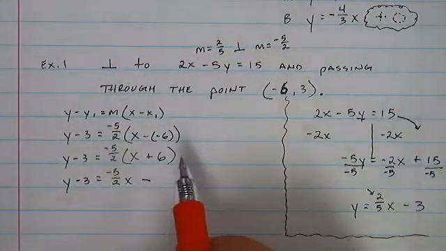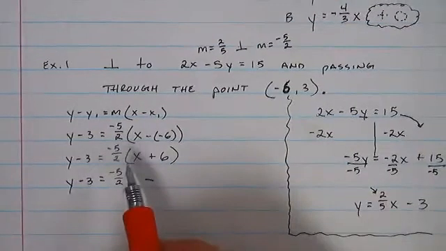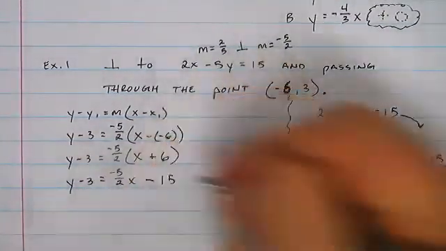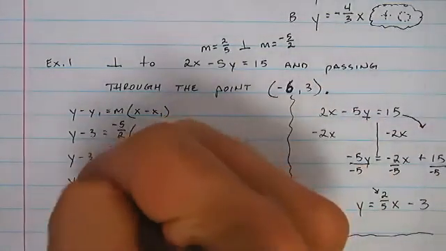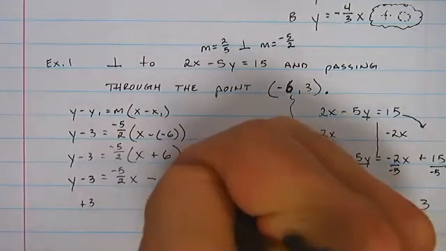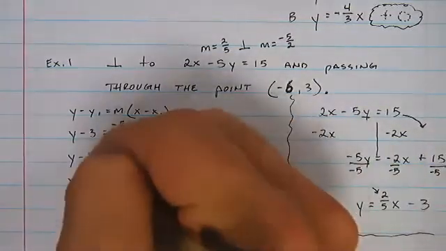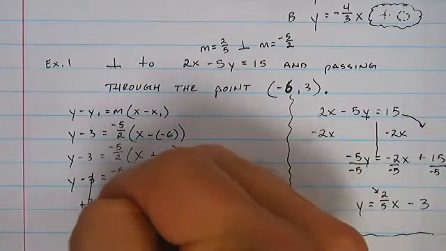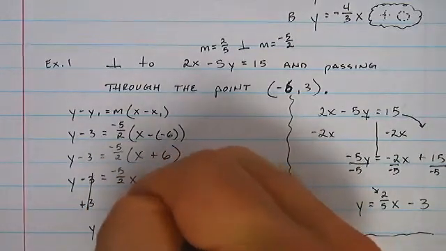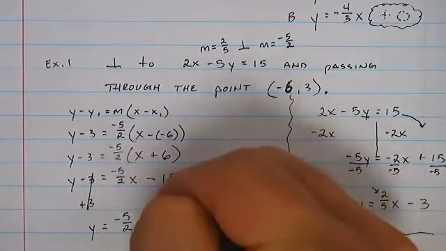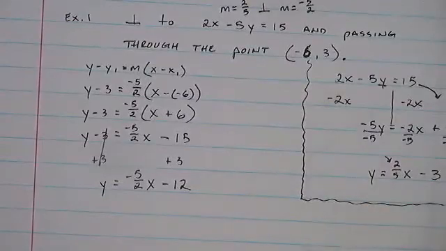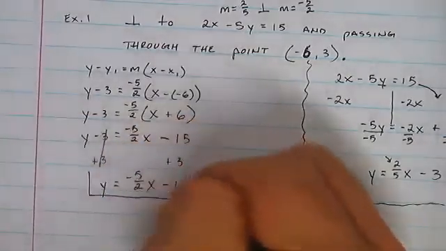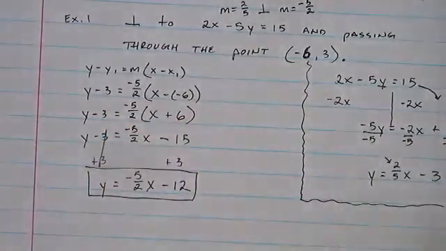I've got negative 5 times 6. It's negative 30 divided by 2, negative 15. And then I've got adding the 3 to both sides as my final step. That cancels. And now I've got negative 5/2 x minus 12.